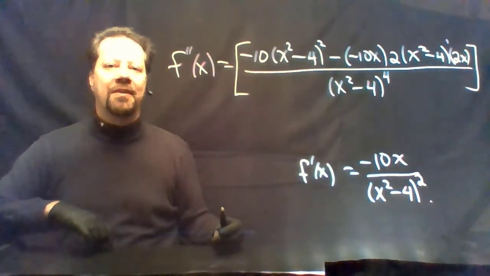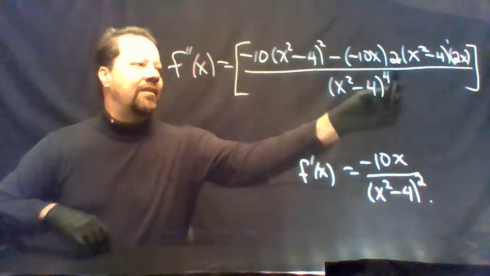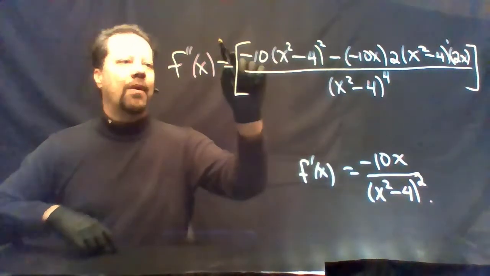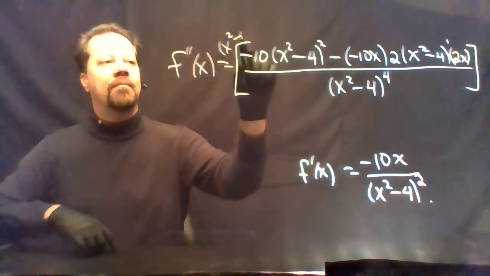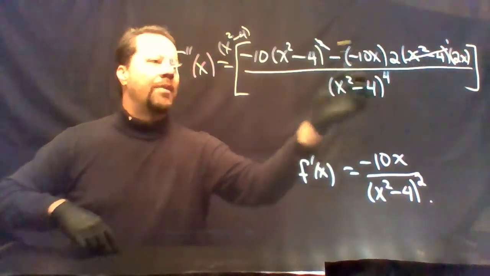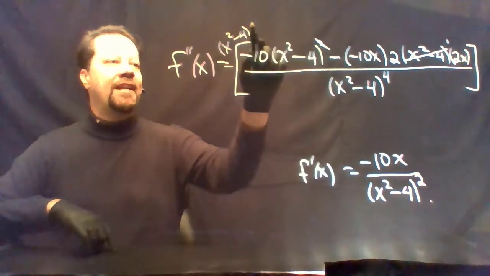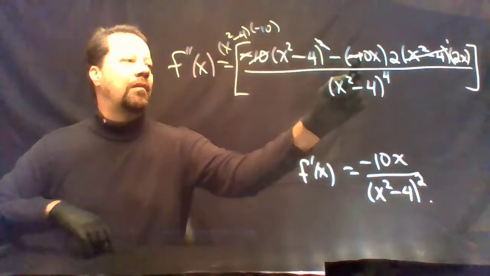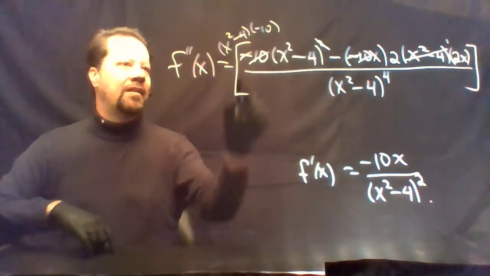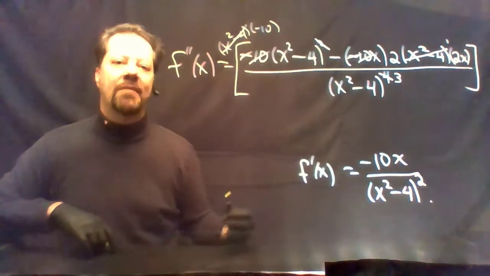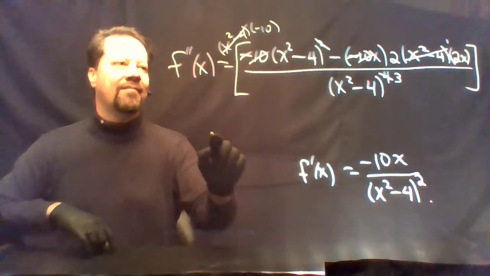Remember to factor first. In the numerator, you can definitely factor out an x squared minus 4. But you can also factor out a negative 10. The x squared minus 4 cancels with one factor of x squared minus 4 in the denominator.